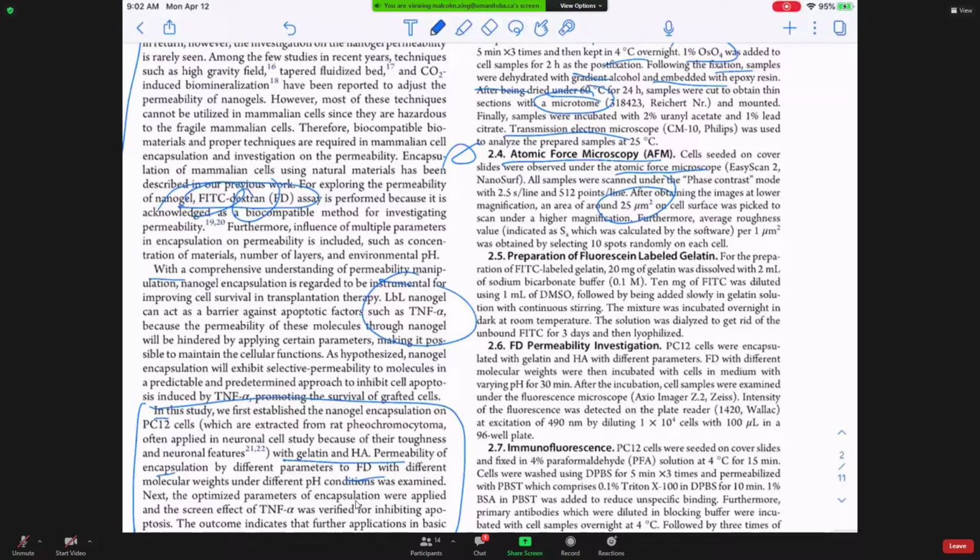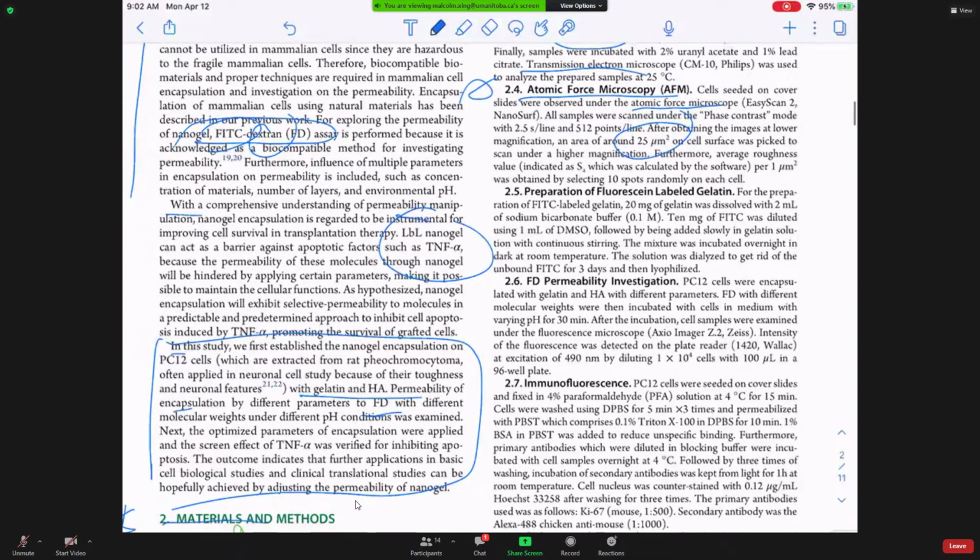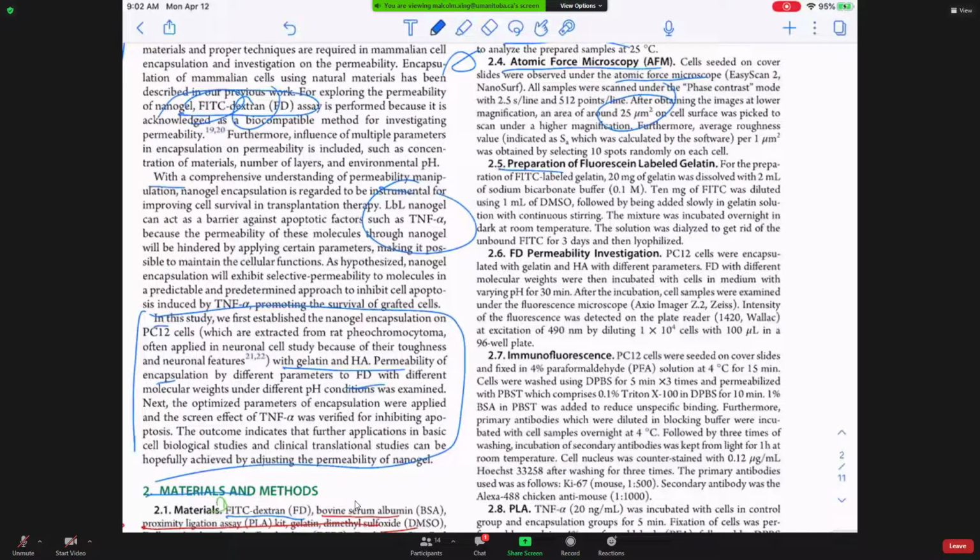Then the preparation of fluorescence labeled gelatin. So for the preparation of FITC labeled gelatin, 20 milligram gelatin was dissolved in the buffer, and FITC was added inside. So that's gelatin with FITC, with fluorescence.